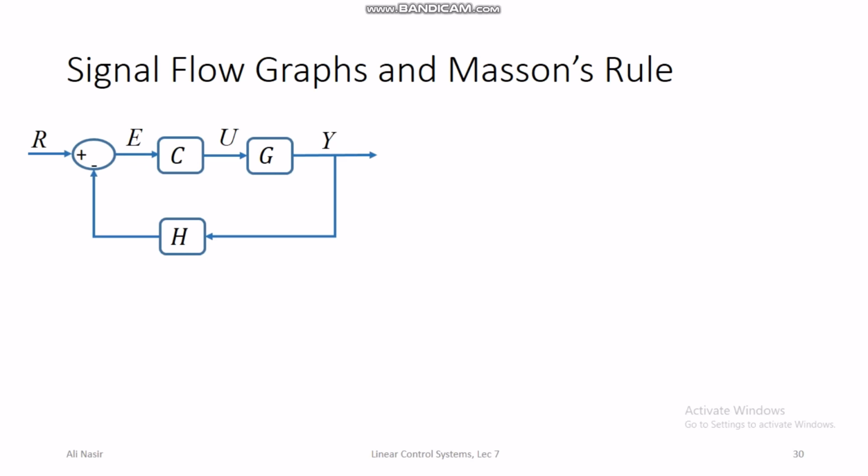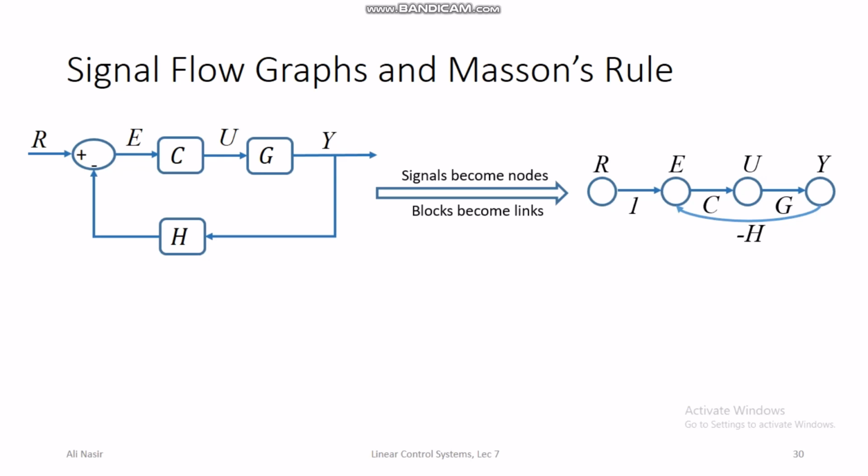To illustrate that, I have presented this block diagram, which is a simple one, and if I want to convert this block diagram into a signal flow graph, then the signals in this block diagram will become the nodes in the signal flow graph, and the blocks in this diagram will become links in the signal flow graph. So the resulting signal flow graph will be something like this.